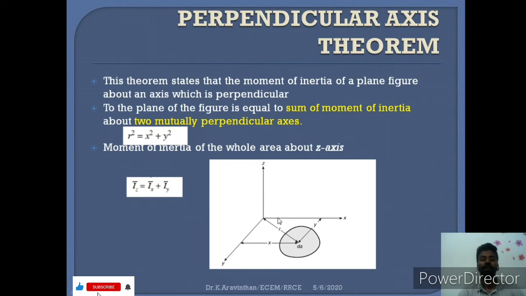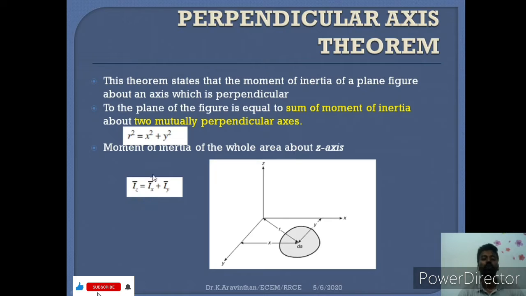Say for example, in this picture you can see x and y axis, also the z axis. When we are finding moment of inertia, we will consider only two axes, and all the practical objects have three dimensions. So if you find moment of inertia of two dimensions, then you can find the third dimension moment of inertia by using the perpendicular axis theorem.